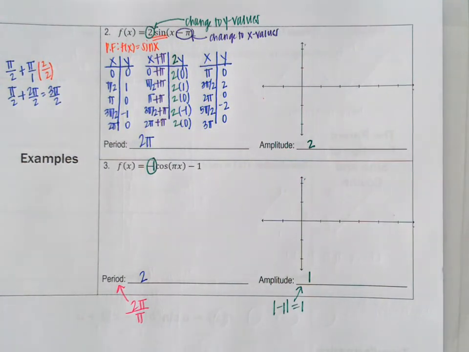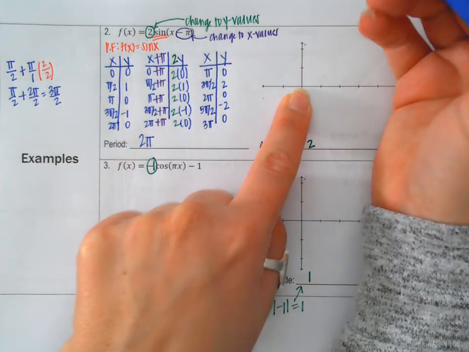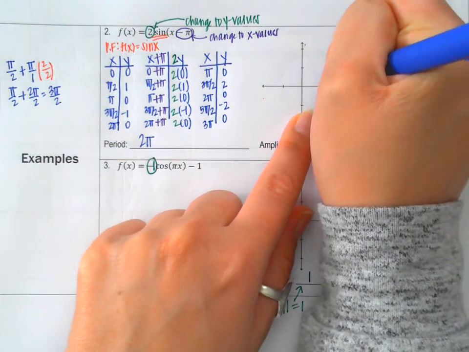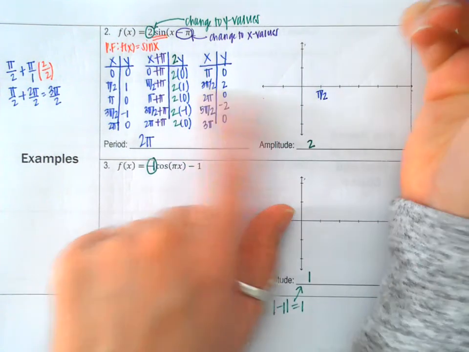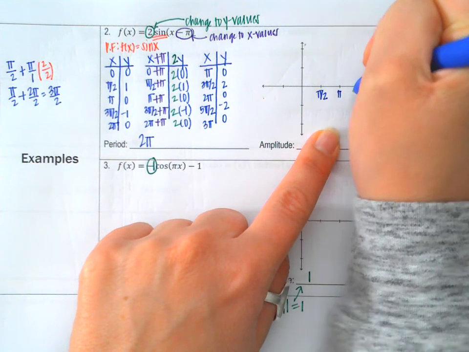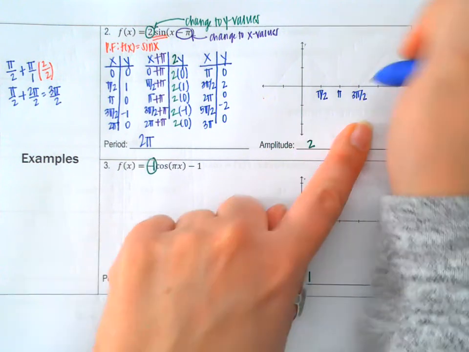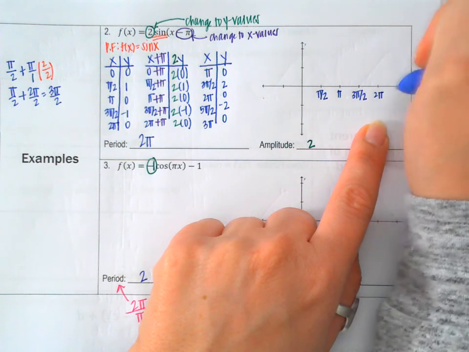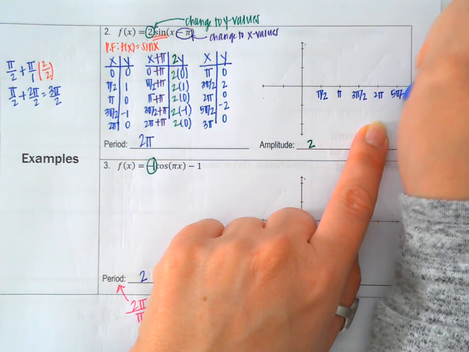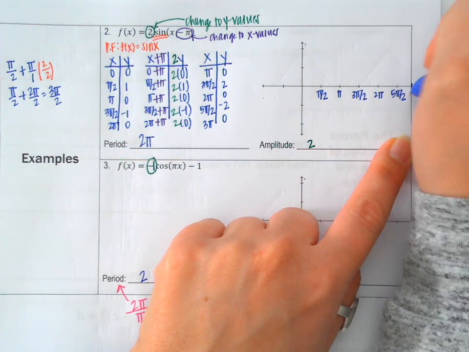So what we have to do is actually write everything that's before it. Before pi is 0, which is here, and then pi over 2. And then we can write pi, 3 pi over 2, 2 pi, 5 pi over 2, and I'm going to add in 3 pi.